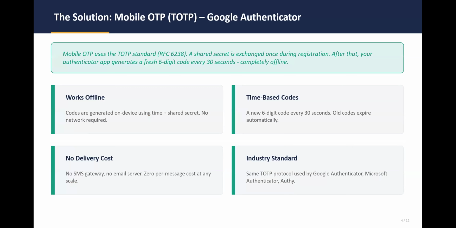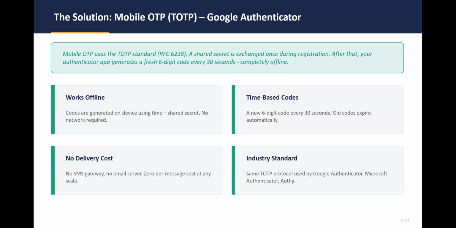It uses the TOTP standard, the time-based one-time password, the same protocol used by Google Authenticator, Microsoft Authenticator, and Authy. During a one-time registration, the server and the user's authenticator exchange a shared secret.